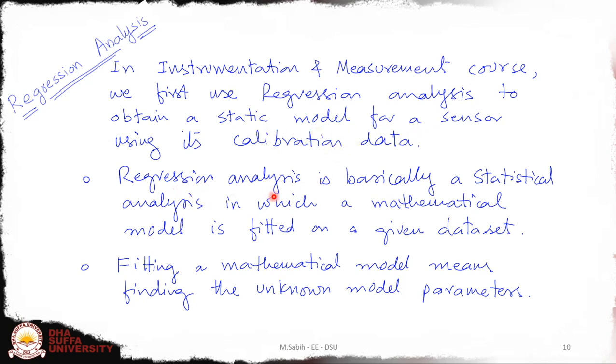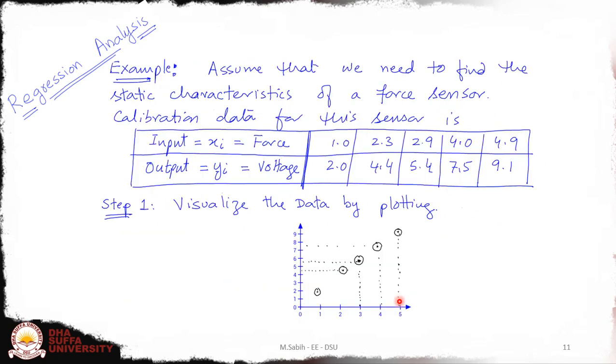Now, regression analysis is basically a statistical analysis in which a mathematical model is fitted on a given data set. Fitting a mathematical model means finding the unknown model parameters. Assume this is an example in which we have a sensor, and the calibration data of the sensor is that we provide some force, and the sensor gives us some voltage output. So one input was 1 unit, the output was around 2 units.